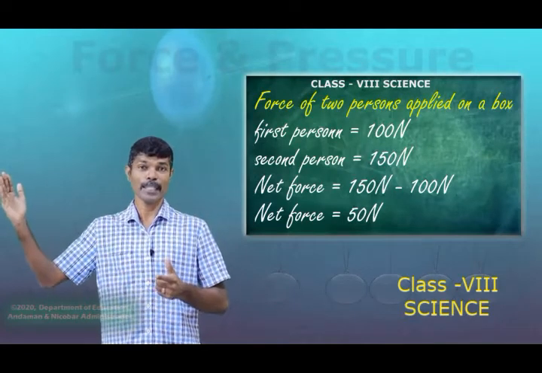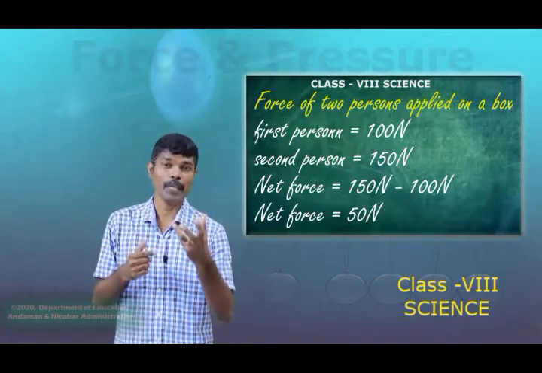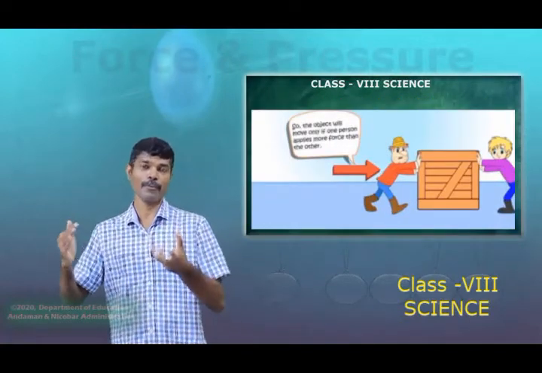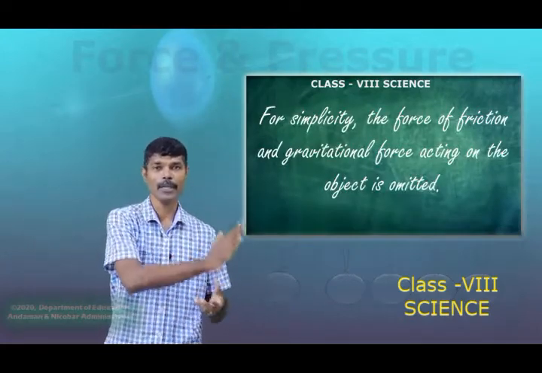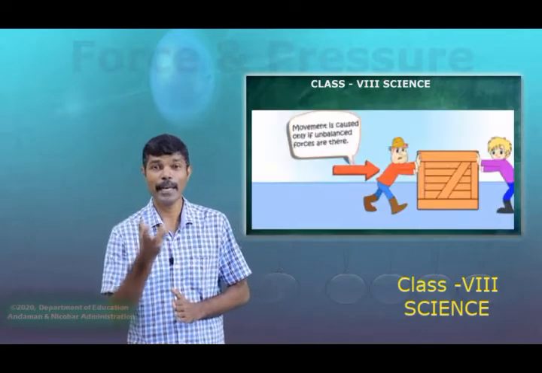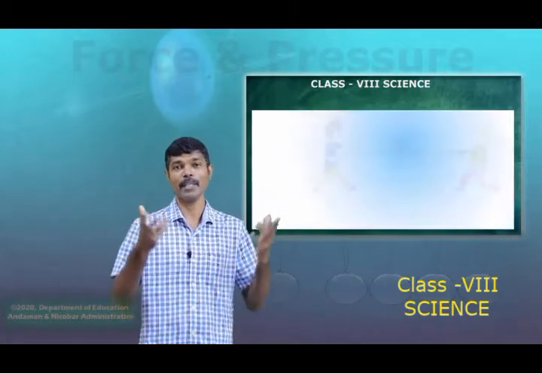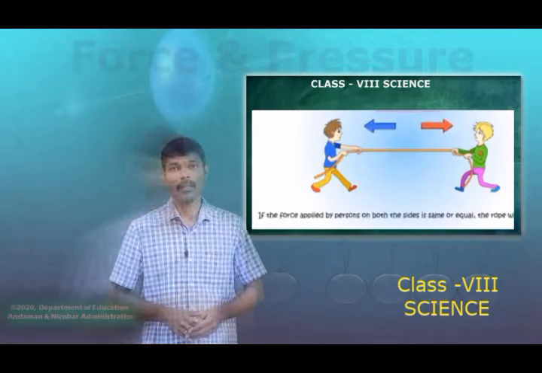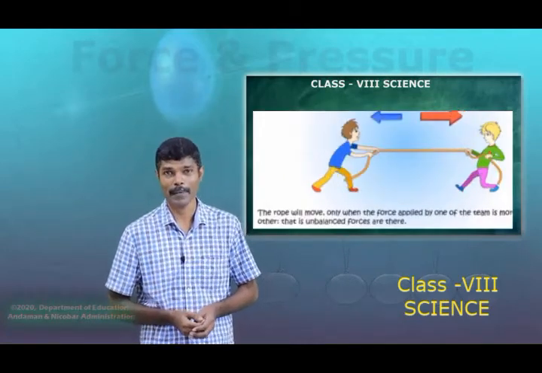The resultant force is 150 minus 100, so 50 Newton of force is in excess. With that force, the object starts moving from this end to this end. So the net force acting on a body is the difference between the two forces acting on it. Now we will learn when the force comes into play.